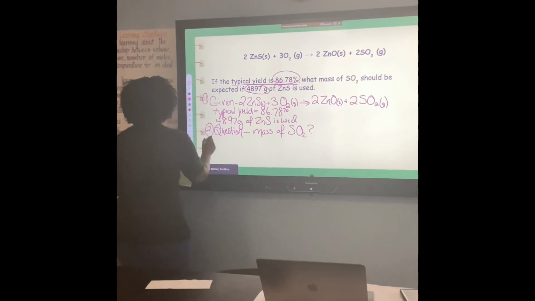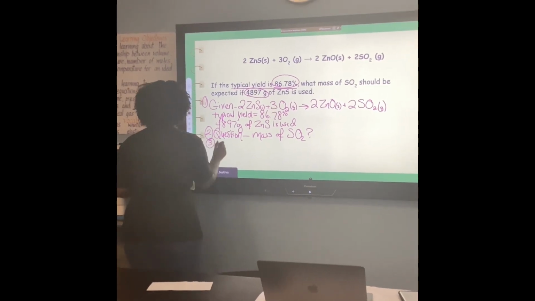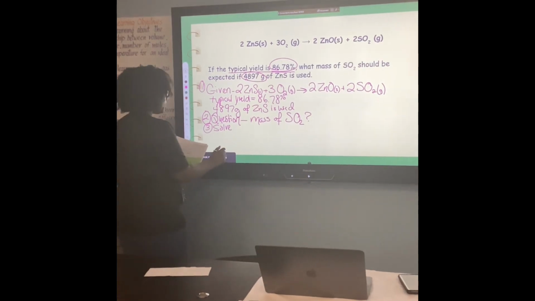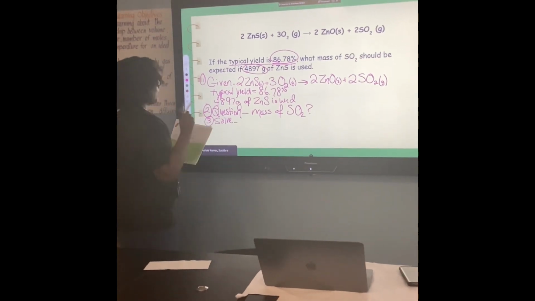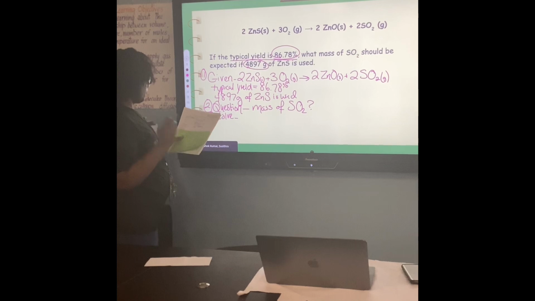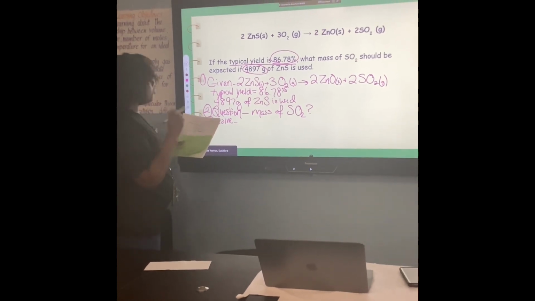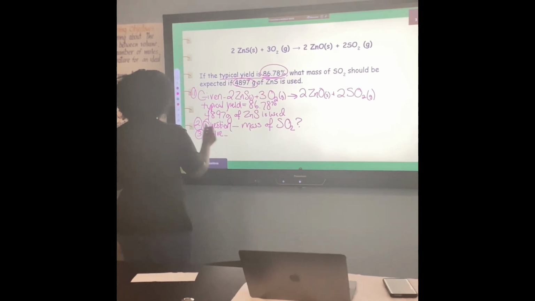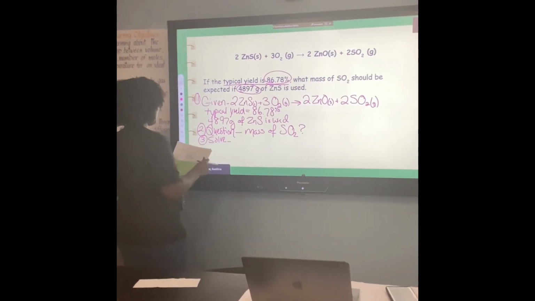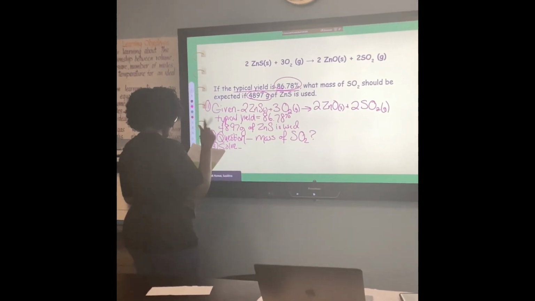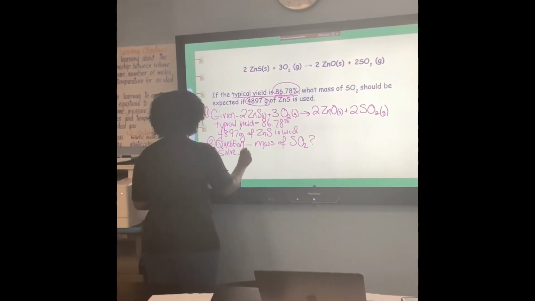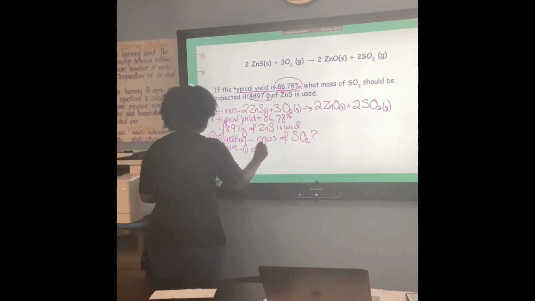Step 3 is going to be solve. And that very well may take a few steps. I do know I have to use the typical yield formula. So, Mrs. Teacher, I would like you to help me out. I'm writing the step: I need to identify the moles.